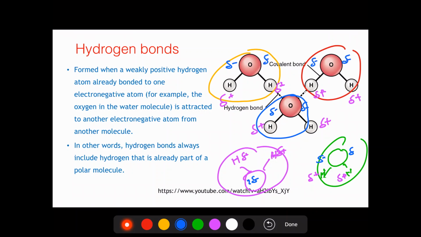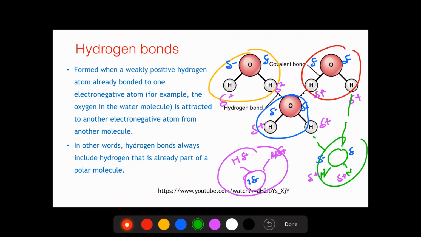So now, as you can see, there is a slight negative oxygen and a slight positive hydrogen, so they will get attracted to each other. The same thing here. This hydrogen will get attracted to this oxygen. This hydrogen might get attracted to this oxygen.